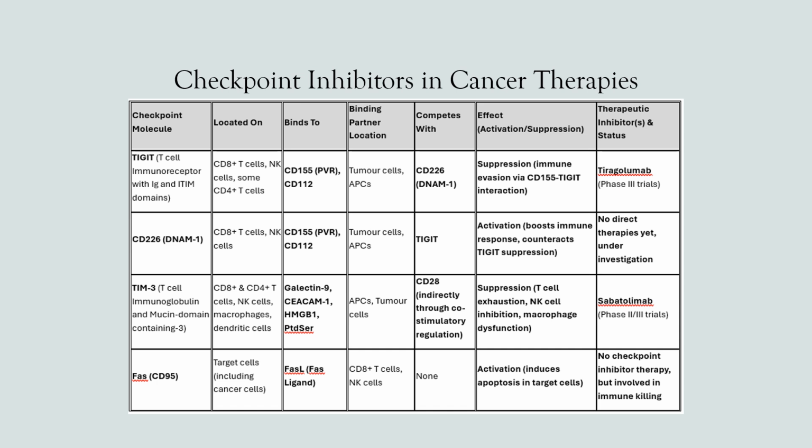TIGIT, T cell immunoreceptor with Ig and ITIM domains, competes with a molecule called CD226. This molecule activates T cells and natural killer cells. CD226 combines with CD155. I think I talked about this, so I don't need to talk about it again.